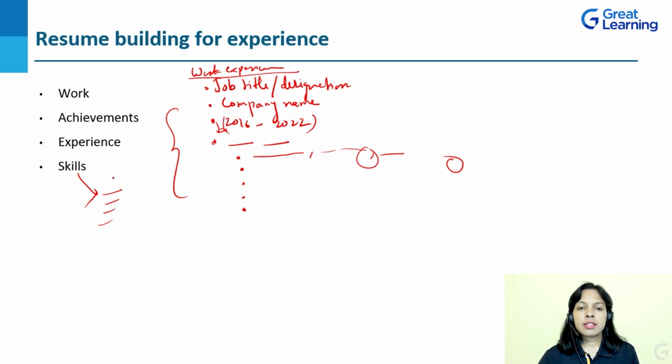But here, skills can also be any new tool you have learned in your previous employment places, or if you worked on a platform which was new and you learned it and then worked on it. Those can be added to the skills section. So this was the basic approach for anyone framing a resume as an experienced candidate.